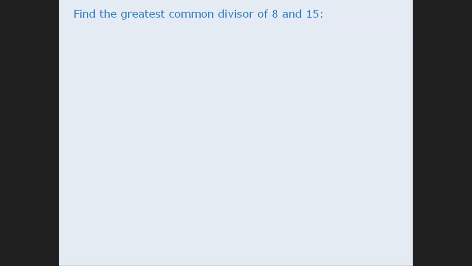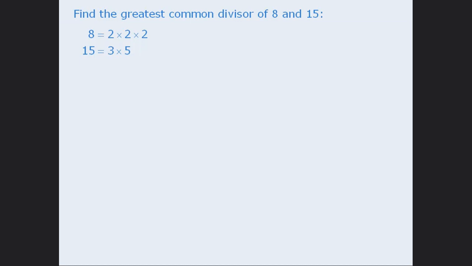For example, let's say you want to find the greatest common divisor of 8 and 15. Using the prime factorization technique, we'll first find the prime factorization of 8 and the prime factorization of 15. Notice that 8 and 15 do not share any prime factors. So what then is the greatest common divisor here?